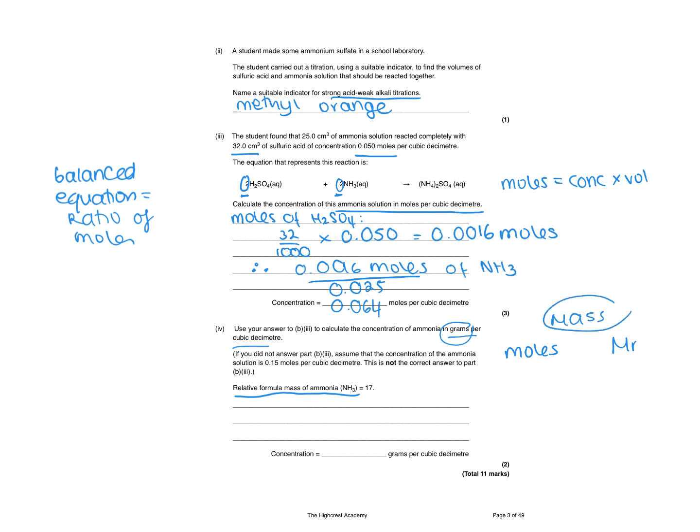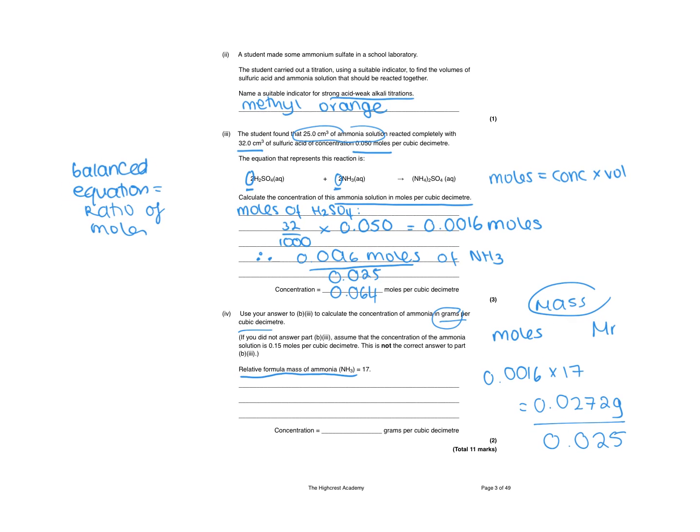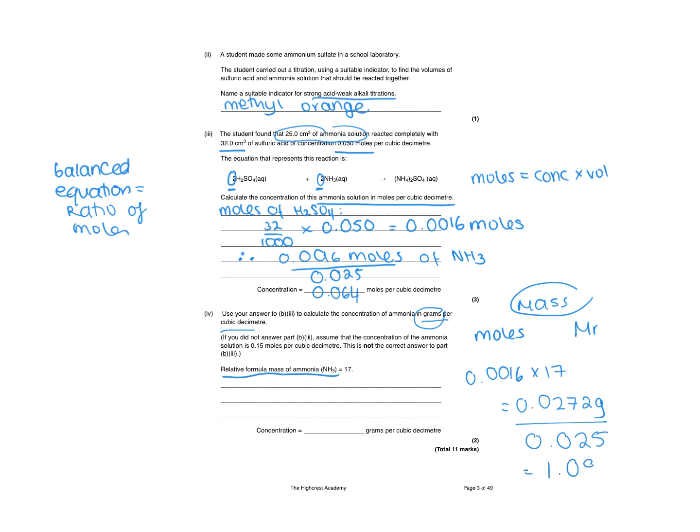So we know the moles as 0.0016, we multiply it by the Mr. This is going to give us 0.0272 grams. Now this was in 25 cm³ of ammonia solution, so we're going to divide this by 0.025. And this is going to give us an answer of 1.09 grams per dm³.